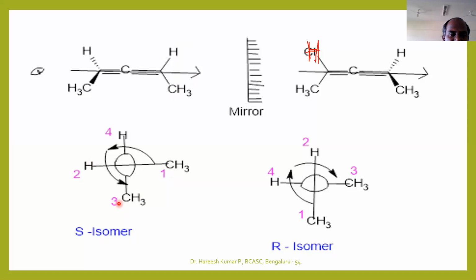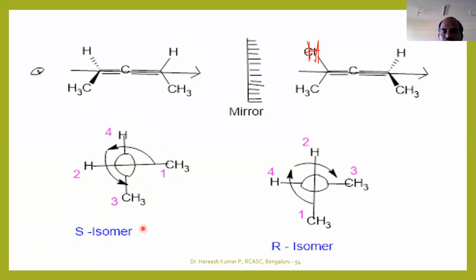That means this is the 3 and this will be the 4. So now what you need to do, you need to check the movement 1 to 2, 2 to 3. So what you can observe, it is moving like this. Like this means it's an anti-clockwise direction and it is an S configuration.